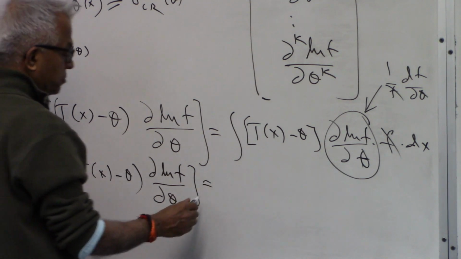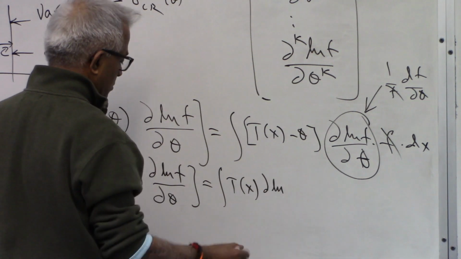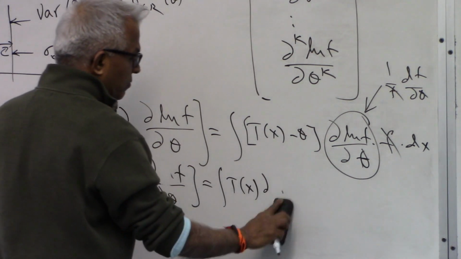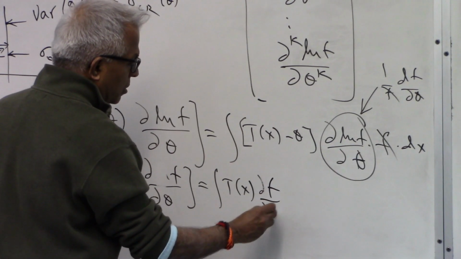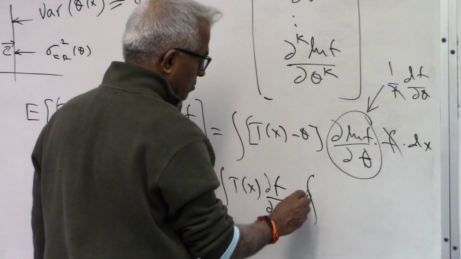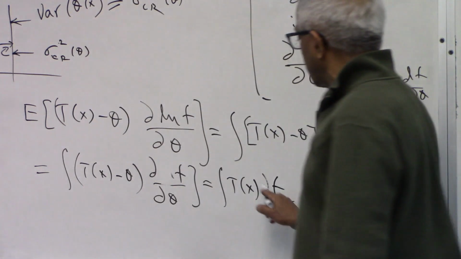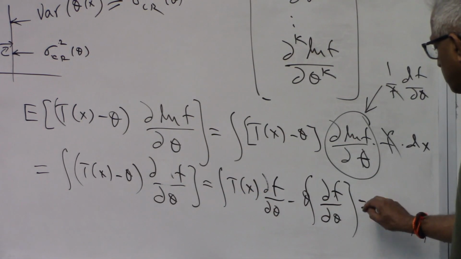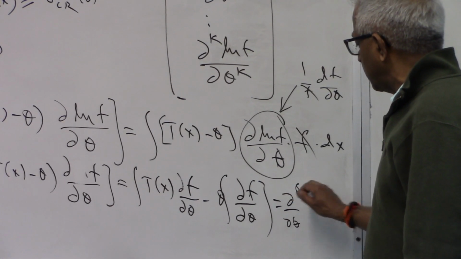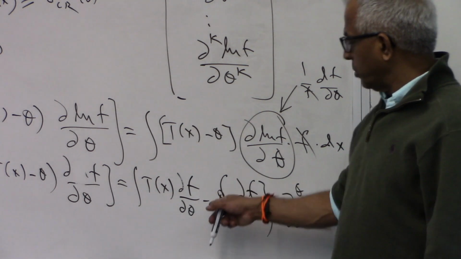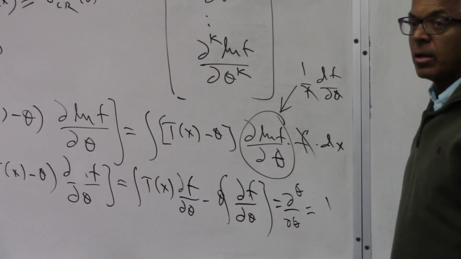If you write this as Tx df, log is gone, and if I use the regularity condition, then this becomes what? We just went through this. This derivative goes outside. So the first term becomes d by d theta of the integral of Tx df. That's going to be theta. Minus, this derivative goes outside, the integral of f is 1, so that's 0. So this is just 1.